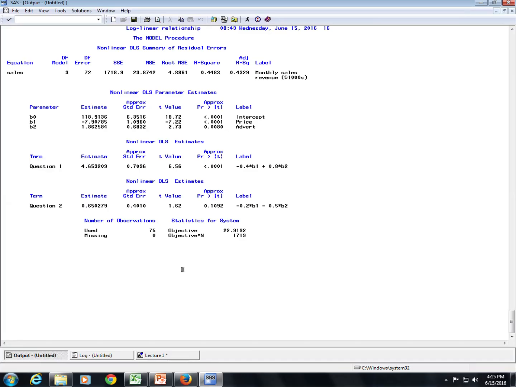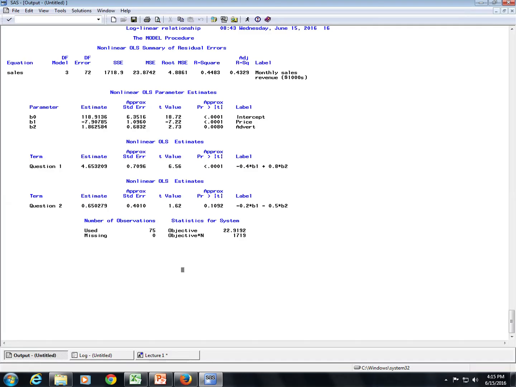So we would think that doing that is roughly equivalent, even though in terms of a point estimate, it looks like we would get a little bit more sales from decreasing our price.